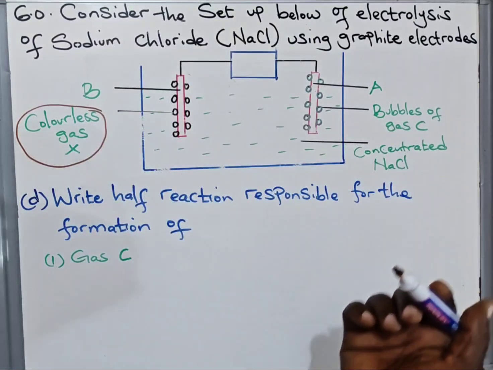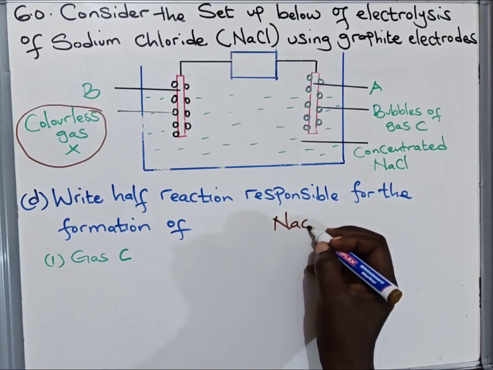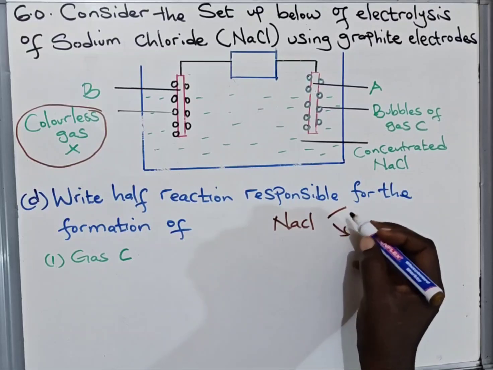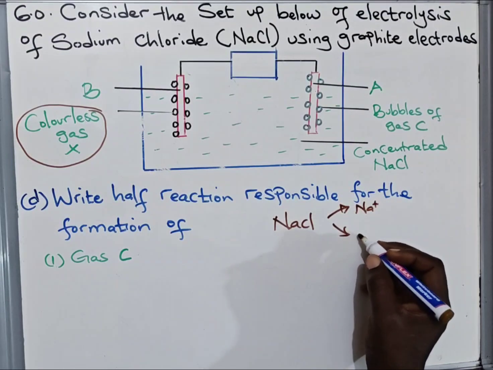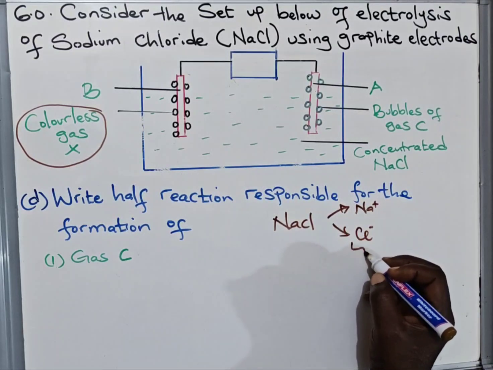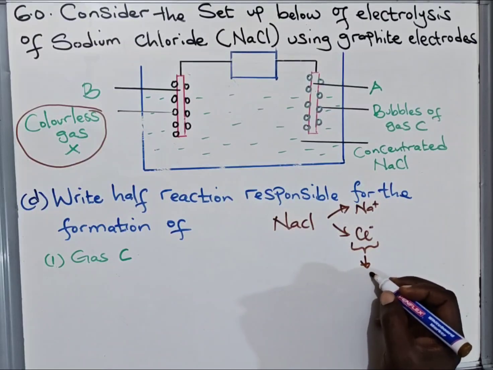So what do we know? When sodium chloride is electrolyzed, it dissociates to give you sodium ions and chloride ions. Now, chloride ions become oxidized to give you chlorine gas.